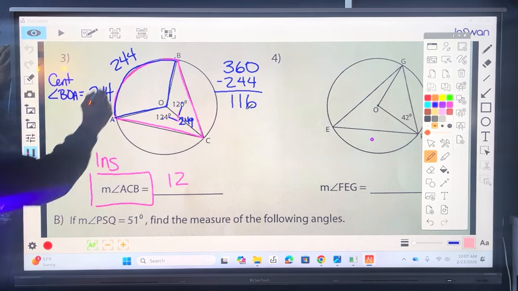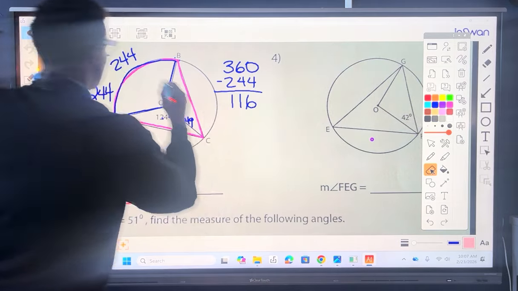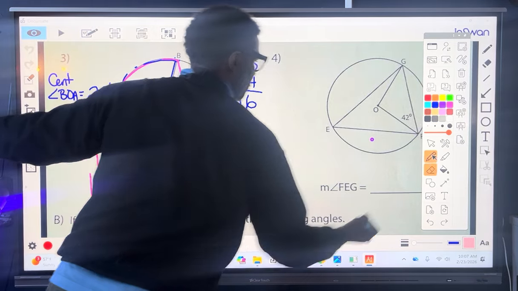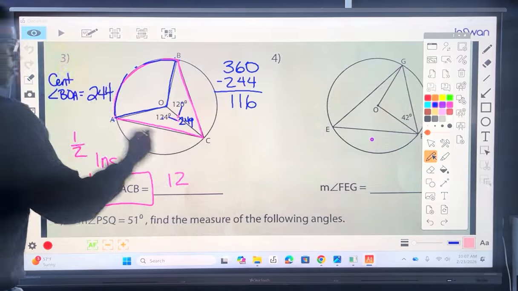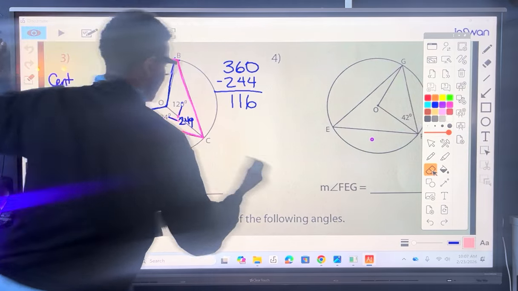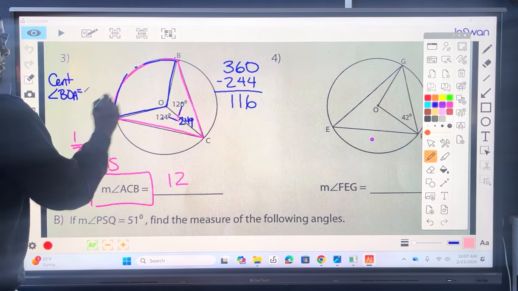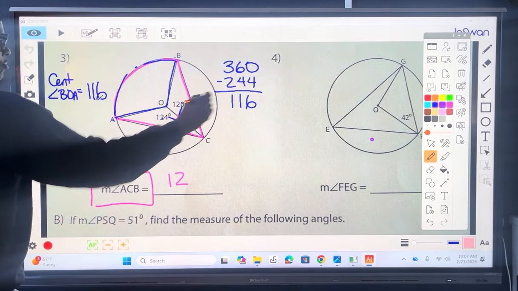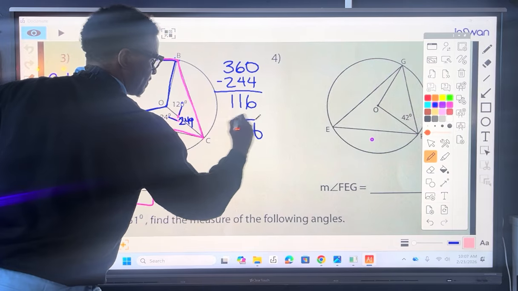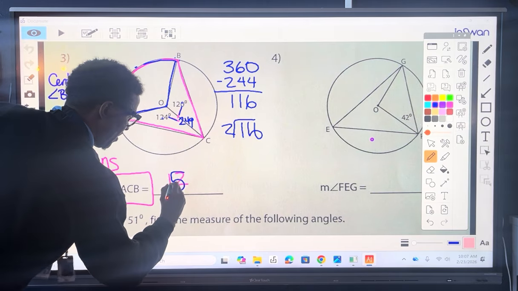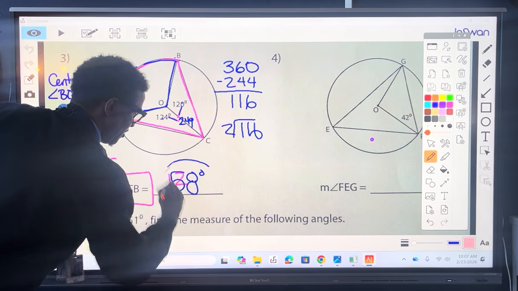Now, hold on. That means your central angle BOA is 116, and you got to do what to this 116? Half. And my answer should be 58 degrees.